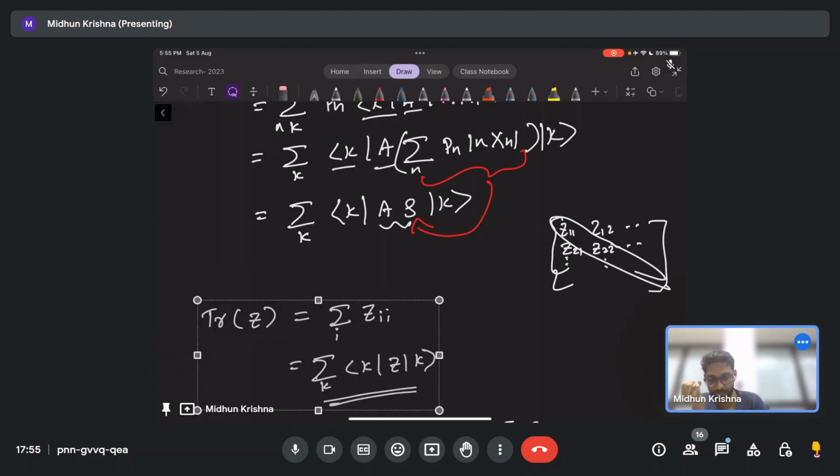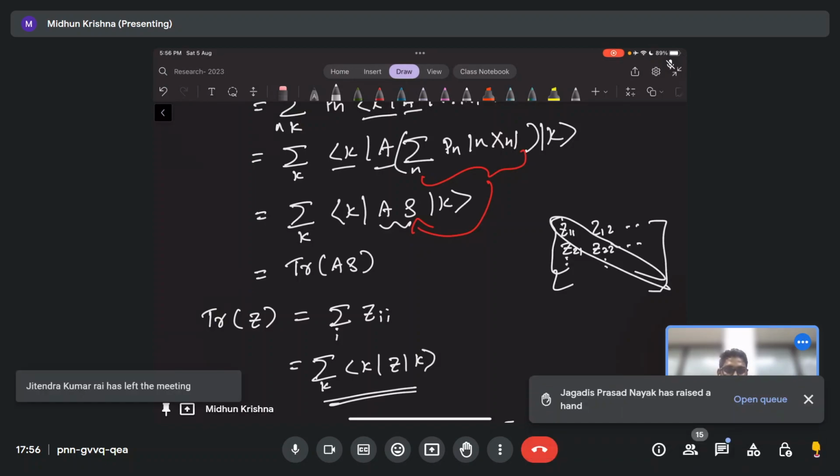Is there anyone here who hasn't seen trace before, who has not worked with trace in any course or anywhere? Could you raise your hands, please? Because it's very important as you go along. If you use the density matrix formalism, trace will be all over the place. Jagdish has not done trace.